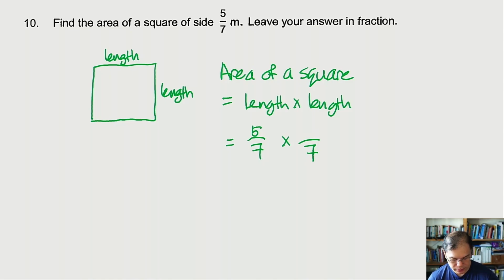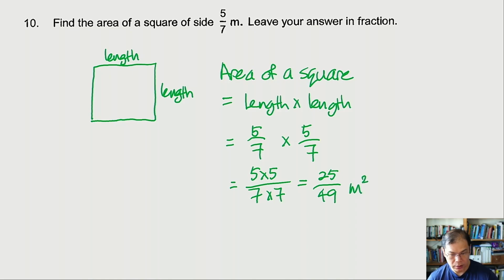so it is a fraction multiplied by a fraction, a proper fraction multiplied by proper fraction. You just take the numerators and you multiply them together, followed by the denominator multiplied by the denominator. So 5 times 5 is 25, 7 times 7 is 49, and this is already in its simplest form because 25 and 49 has no other common factors other than 1.